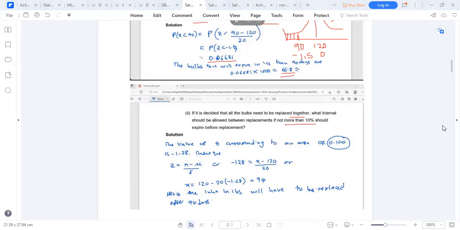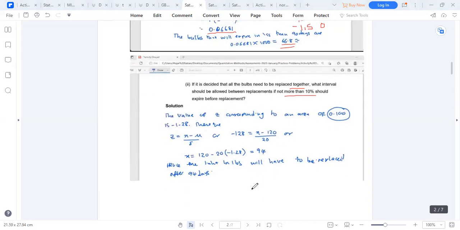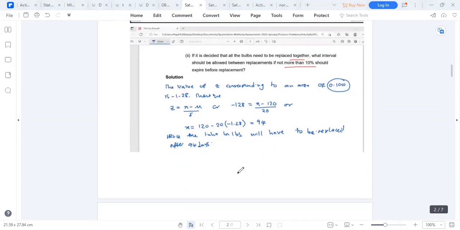All right. So in this case, we do the same: illustrate. When our 0 is here, we have 120 there. And if less than 10%, so this is 10%, subtract 10% here. 10% in decimal is the same as what? 0.100.